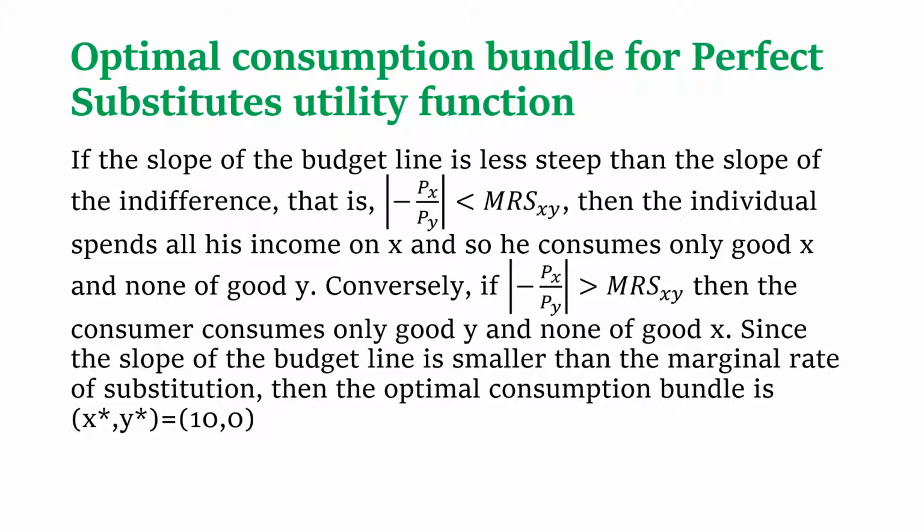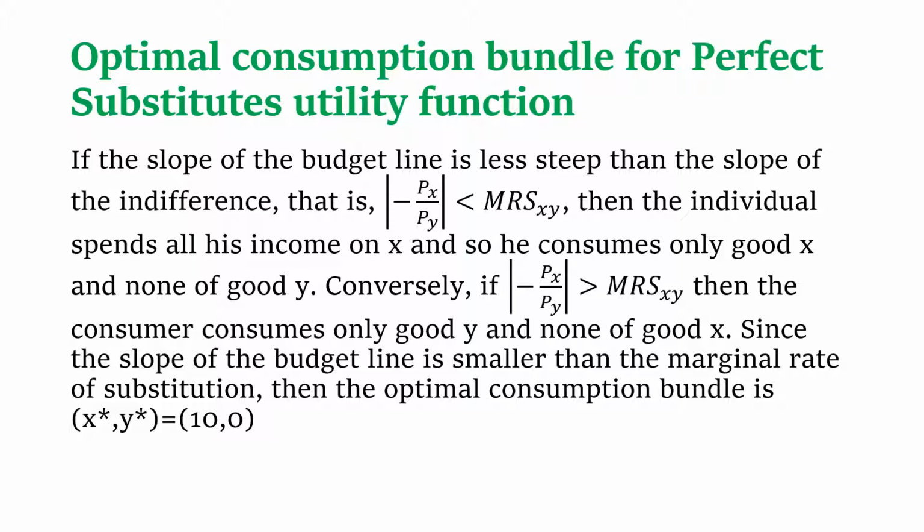What is the slope of the budget line? Now we are going to take the absolute value there. The reason why we are taking the absolute value is because that slope is negative, right? The absolute value of a negative number is a positive number. So if we take the absolute value of the slope of the budget line, which is minus px over py, minus 5 over 2, that gives us just 5 over 2, which is 2.5.